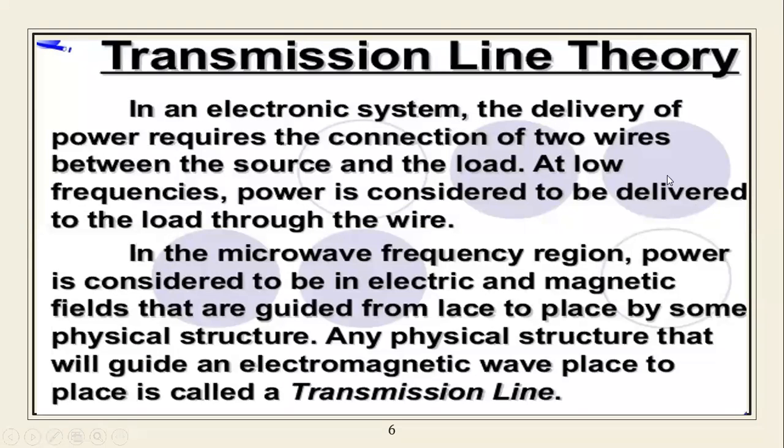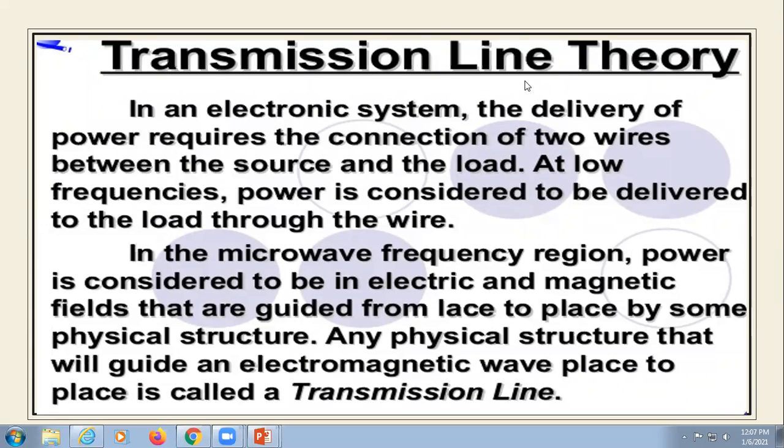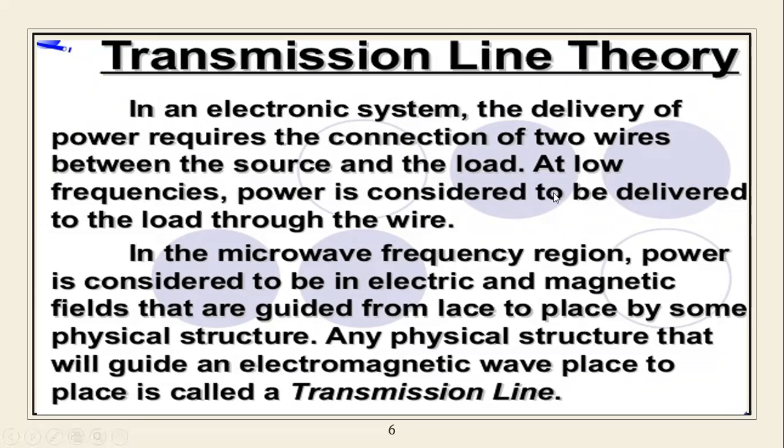So in an electronic system, the delivery of power requires the connection of two wires between the source and the load, that we are aware. Whenever we have two parallel lines, various kinds of active and passive elements are connected, that we know very well.